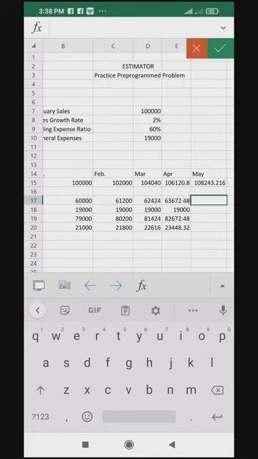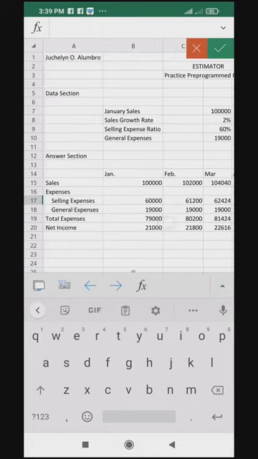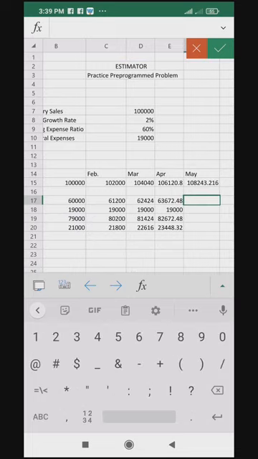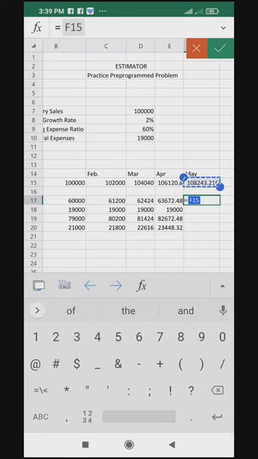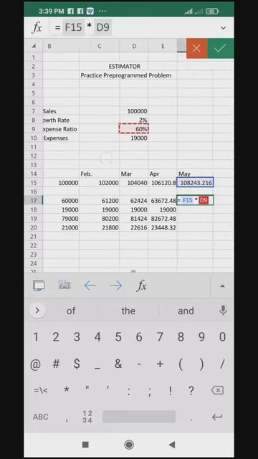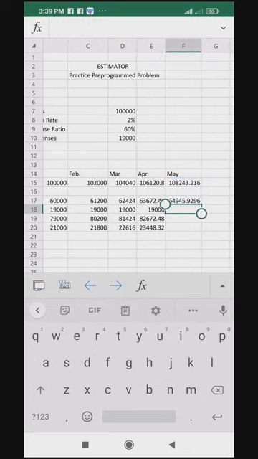So the selling expenses for the month of May is equal to F15 times D9, which is the selling expense ratio, equal to 64,945.9296.